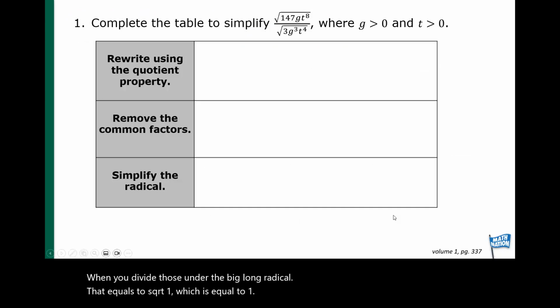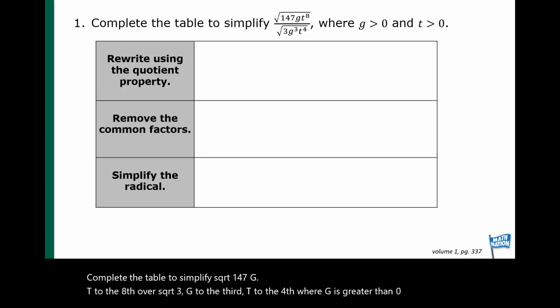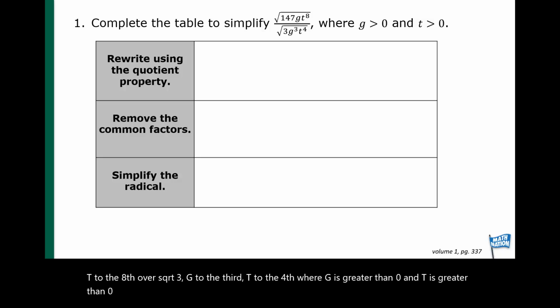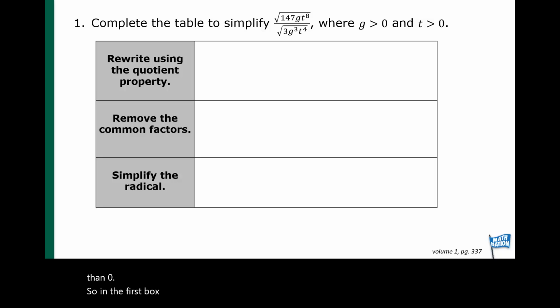So let's look at an example for ourselves. Complete the table to simplify the square root of 147 g t to the 8th over the square root of 3 g to the 3rd t to the 4th, where g is greater than 0 and t is greater than 0. In the first box, they want us to rewrite using the quotient property.